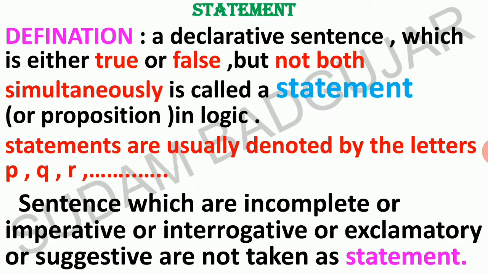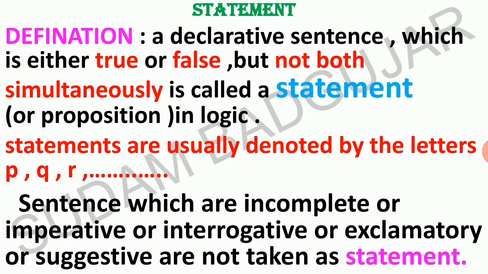Then which sentence becomes a statement? Here the declarative sentence which is either true or false becomes a statement. Or we can say that sentences whose answer is either yes or no type, or true or false type, those sentences are called statements.